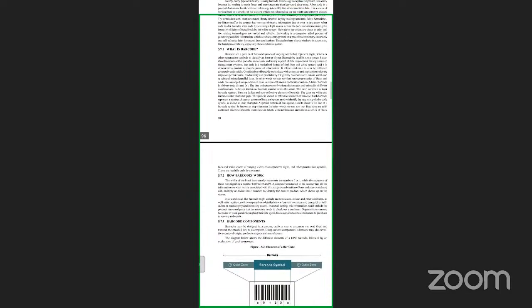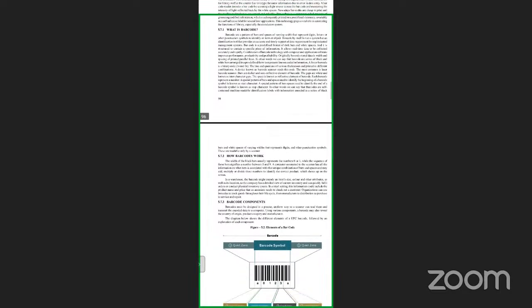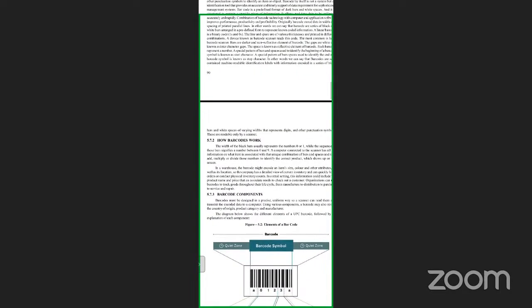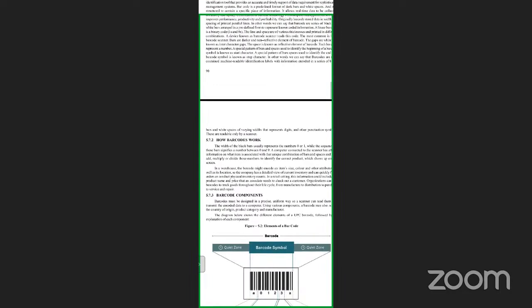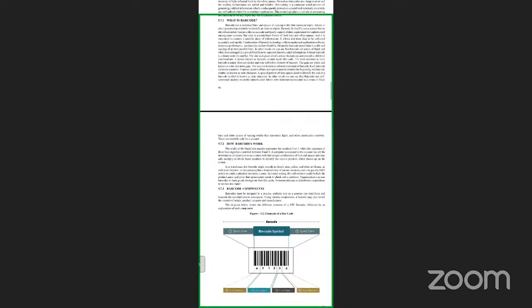And how barcodes work? Let us see how it works. The width of black bars usually represents the number 0 or, sorry, 0 or 1. Well, the sequence of those bars signifies a number between 0 and 9. A computer connected to the scanner has all the information on what item is associated with that unique combination of bars and spaces, and it may add or multiply or divide those numbers to identify the correct product, which shows up on the screen.